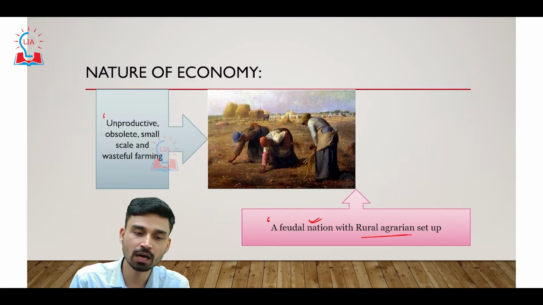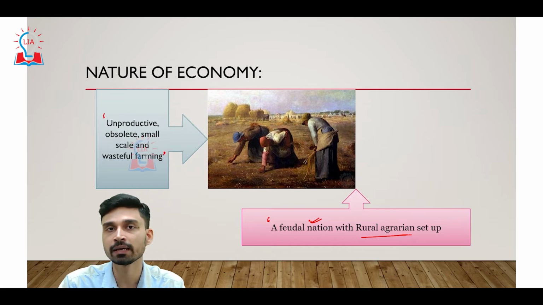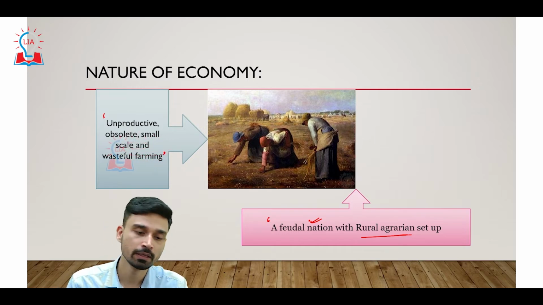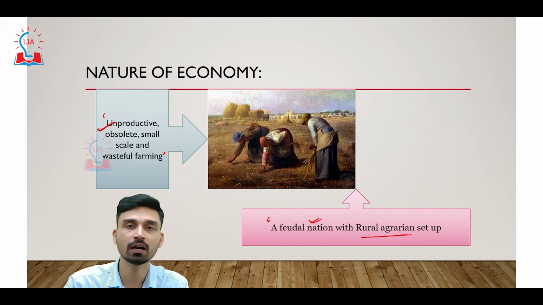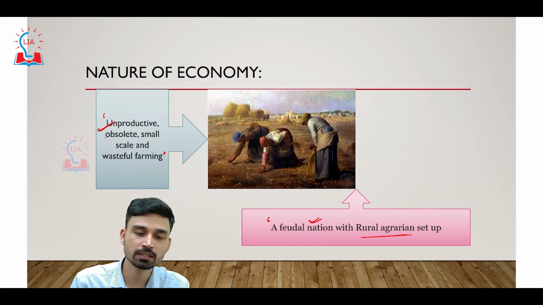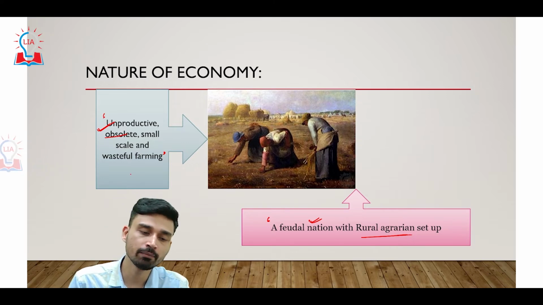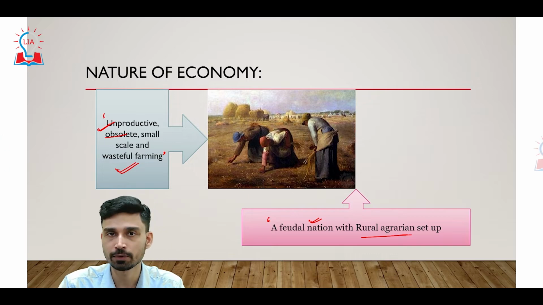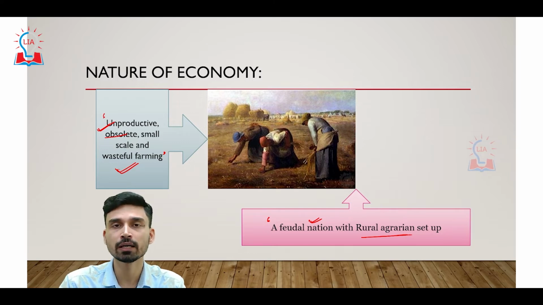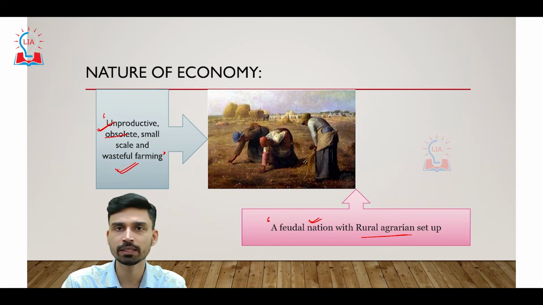However, despite France being a majorly agrarian economy, the nature of farming was very, very unproductive. The methods the farmers used were very obsolete. The farming was done at a small scale, and mostly it was wasteful in nature. Several efforts were made to bring in new technology and learn new methods by looking at the neighboring United Kingdom.